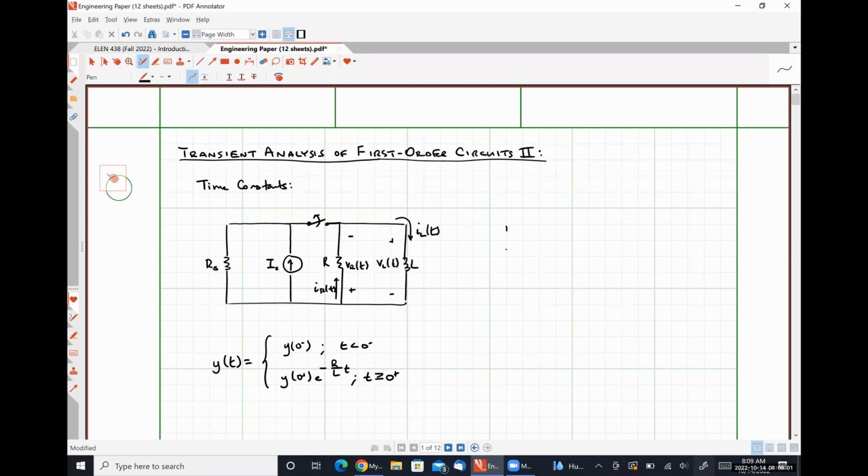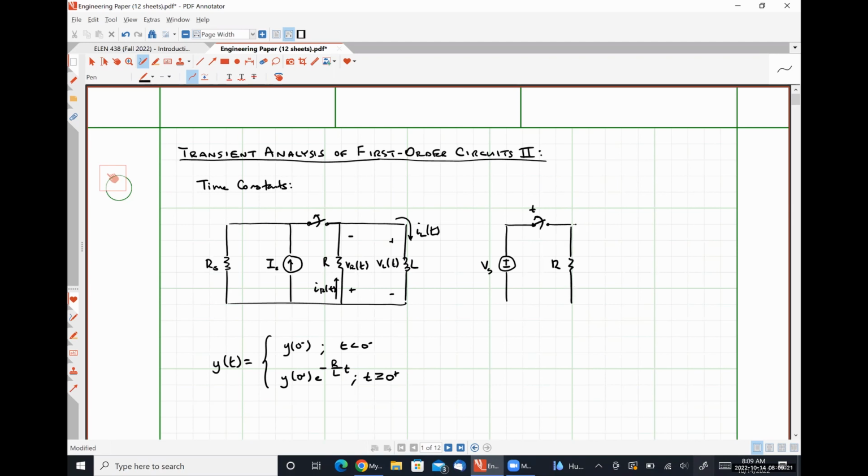And then at the end of class, we also looked at an RC circuit where we had some voltage source connected to a switch, which opens at t is equal to 0.